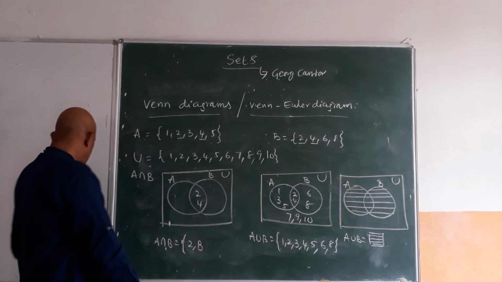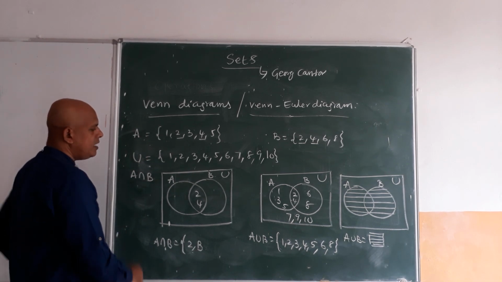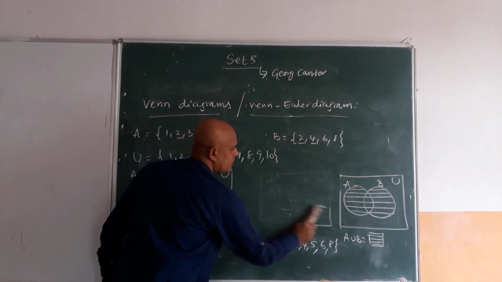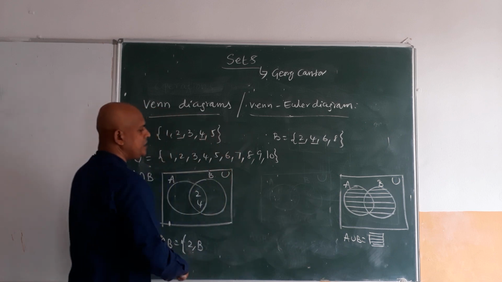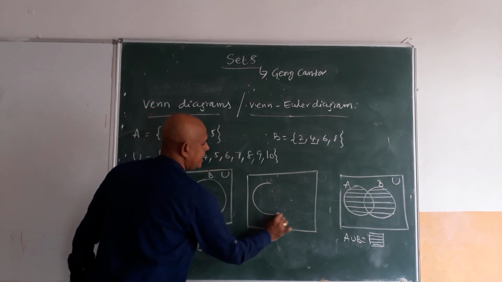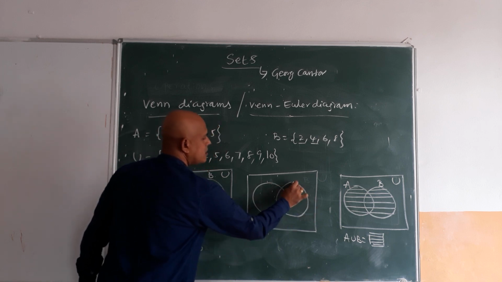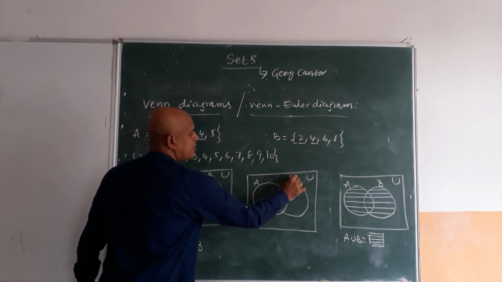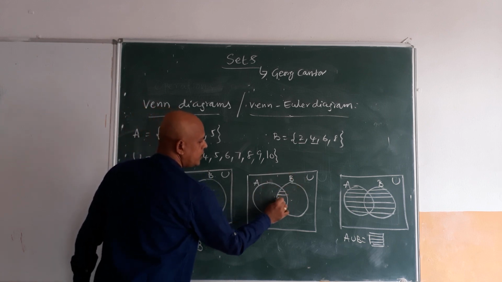In the same way, suppose you want to draw the Venn diagram without using the elements, by using the shading. When the elements are not given, this is the universal set. Sometimes we also write A, B, and now we will shade only this part.